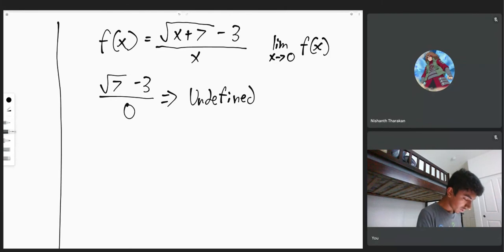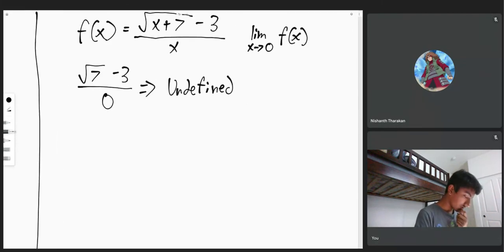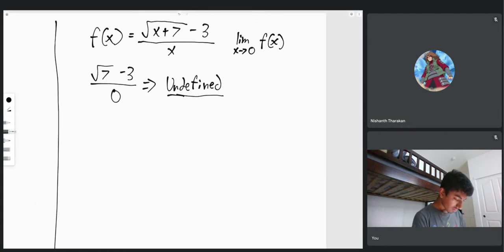Which means for this problem, there is no solution. That means as x approaches 0, it will approach either negative infinity or positive infinity, and it's not defined. That was a trick problem.